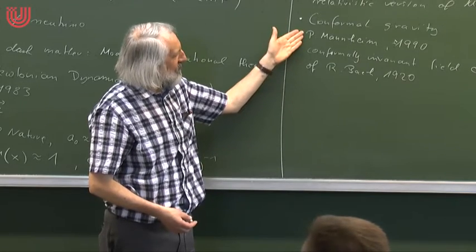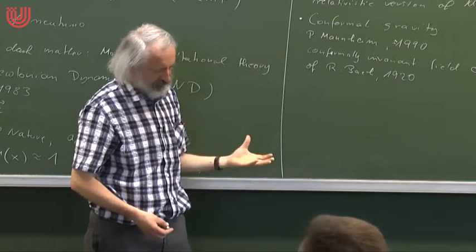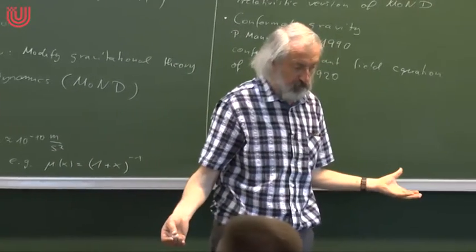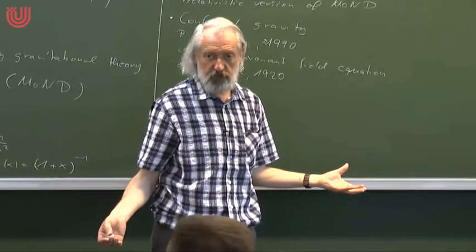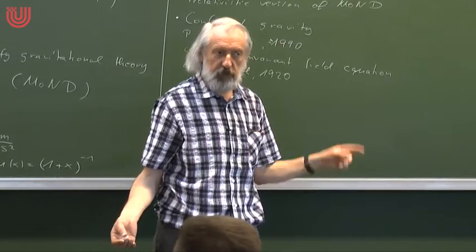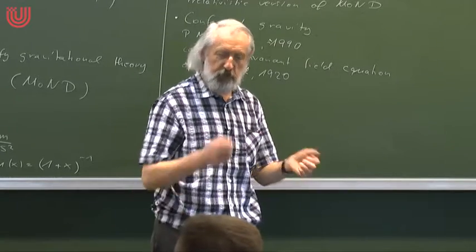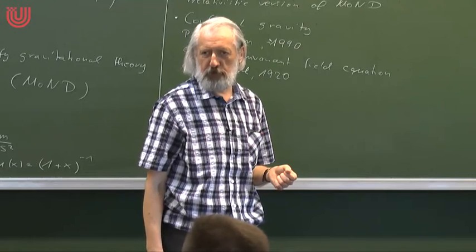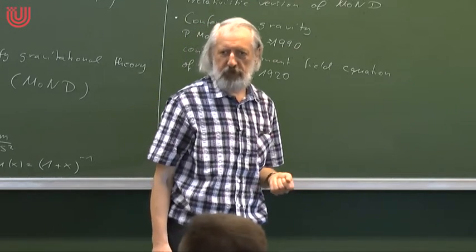But anyway, he discussed spherically symmetric solutions, which, because the field equation is different, is no longer the Schwarzschild solution. It's a modified Schwarzschild solution. And he had an additional parameter, and if we adapted this parameter appropriately, then he could explain the rotation curves of the galaxies. So that was his idea.